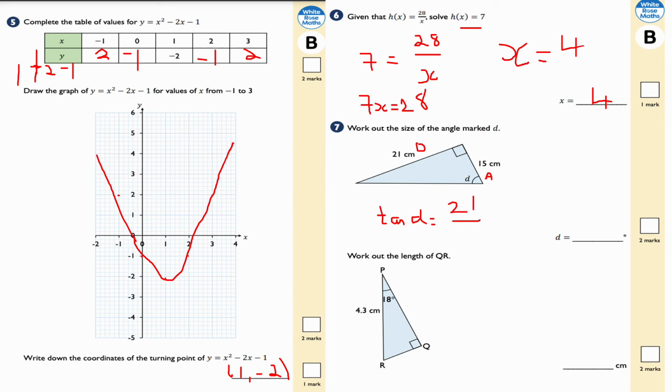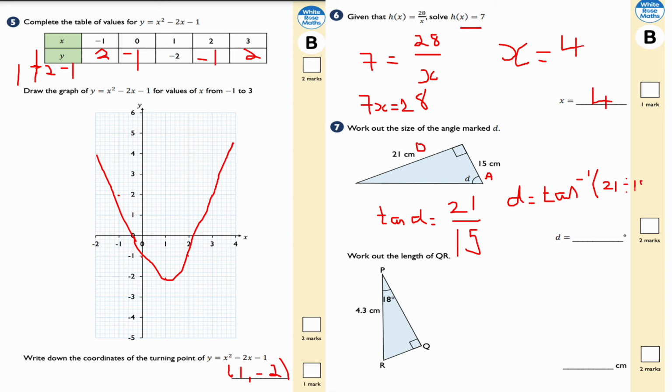Okay, so to work out what D is, I do the inverse tan. So D is equal to tan inverse, or tan to the minus 1, or arctan, of 21 divided by 15, which we can do on our calculator.